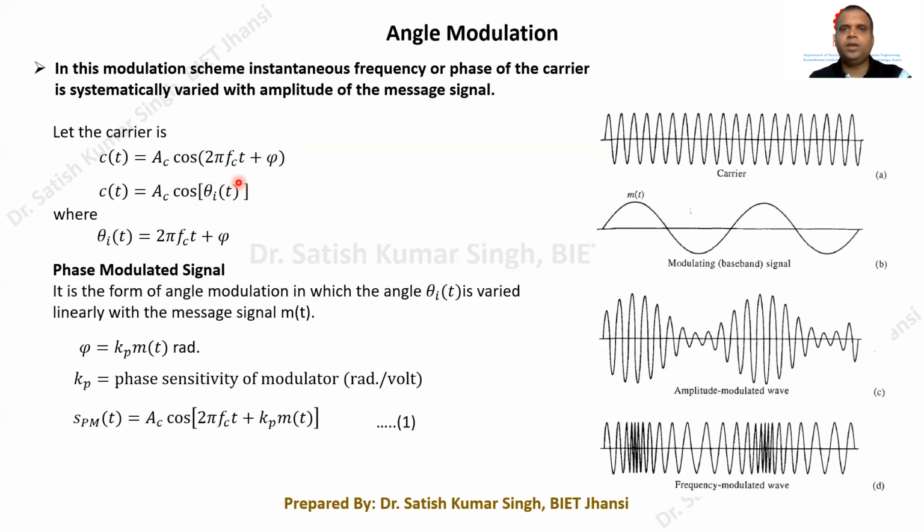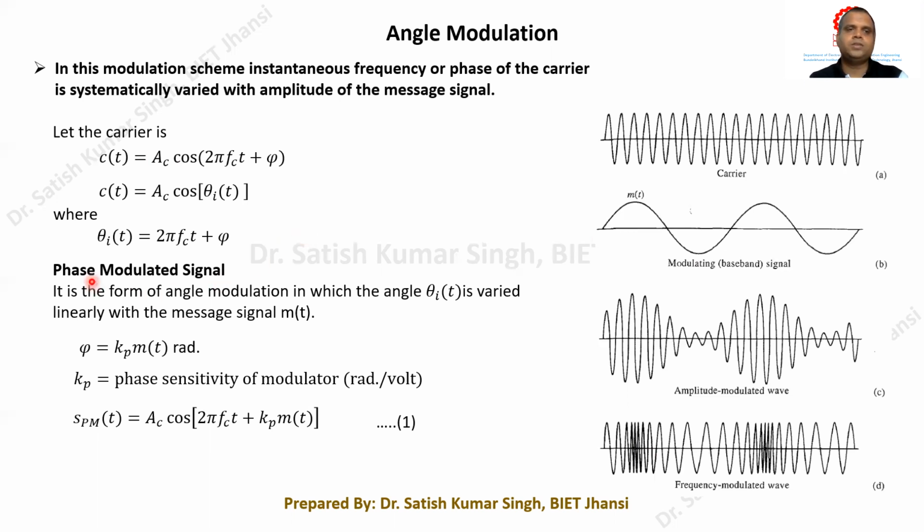Specifically, if we are changing the carrier frequency with respect to the magnitude of the message signal, it is called FM. If it is the phase we are changing, then it is called phase modulation. Now let us understand the corresponding mathematical equations for phase modulation and frequency modulation.